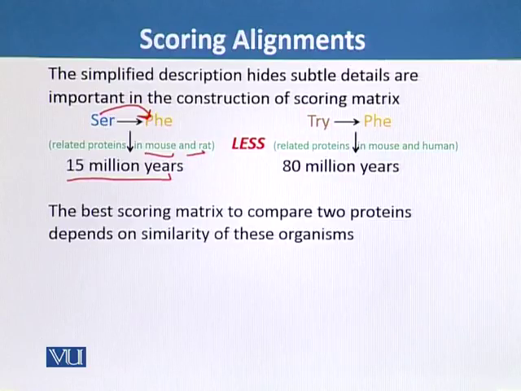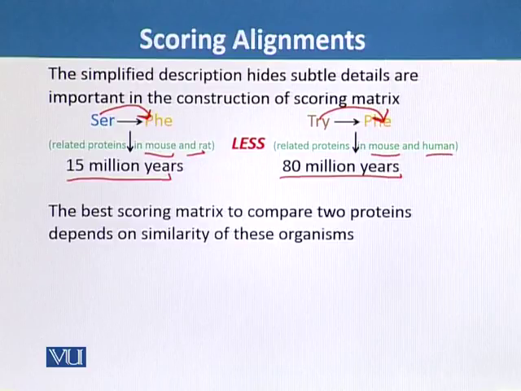But this probability of conversion of serine to phenylalanine is less than that of tryptophan converted into phenylalanine, a process from 80 million years ago in related proteins in mouse and humans.